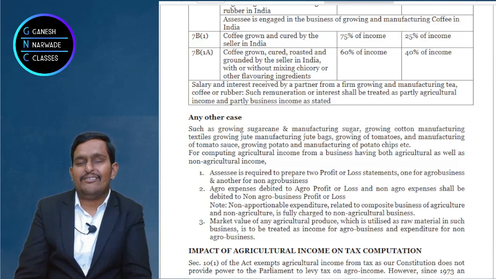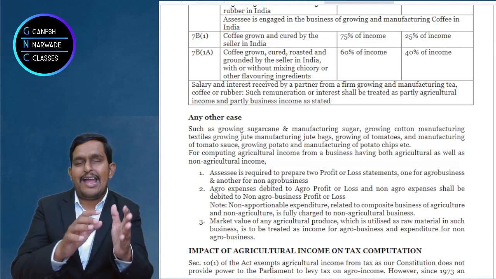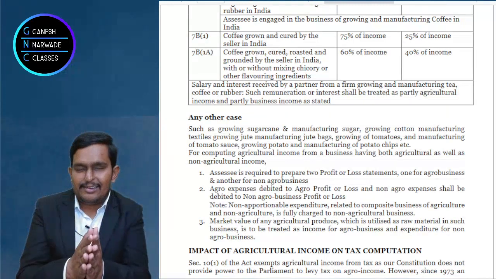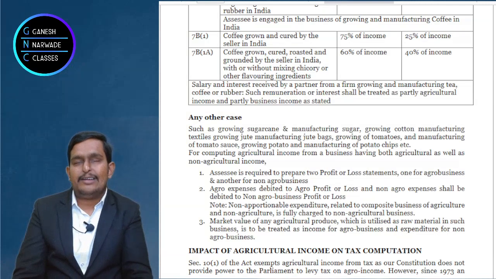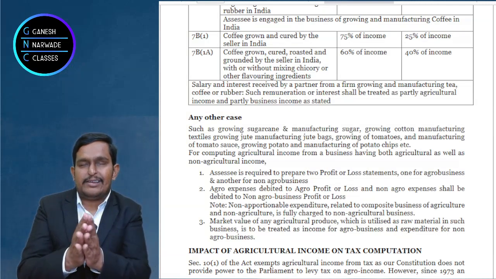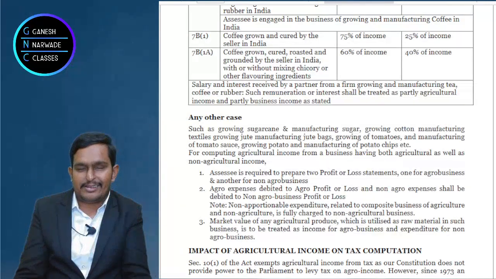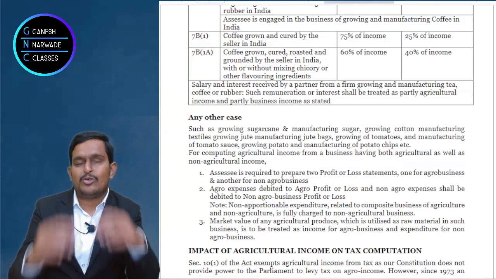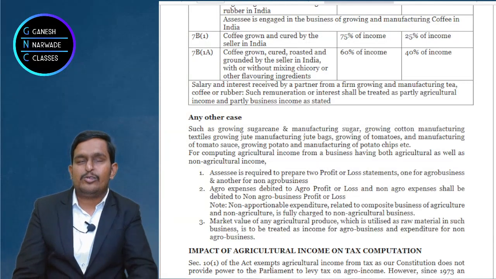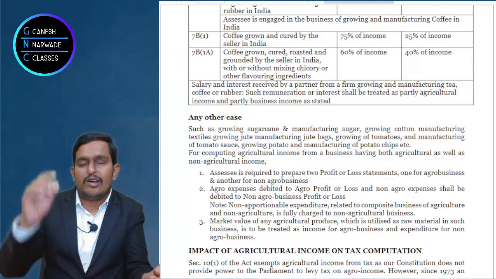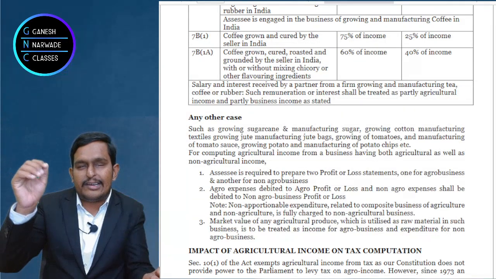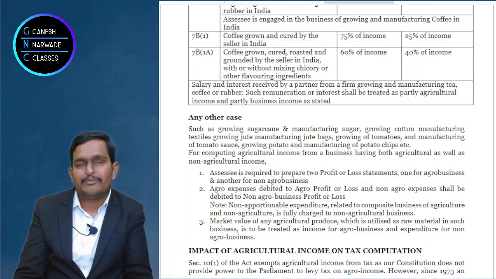In simple language, one person is doing agriculture and non-agriculture both, correct? What you imagine while solving the problem is that it is not one person, but there are 2 different persons. So 2 different persons means 2 different P&L accounts. One is doing agriculture, so agriculture expenses on the debit side. One is doing non-agricultural activity, so non-agricultural expenses on the debit side.